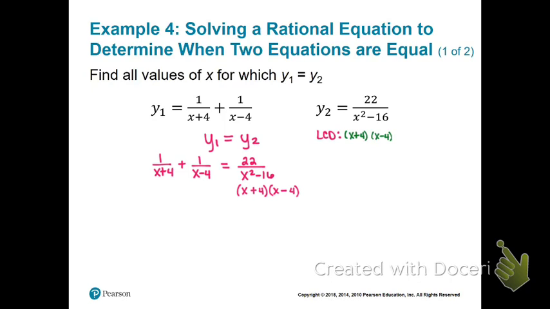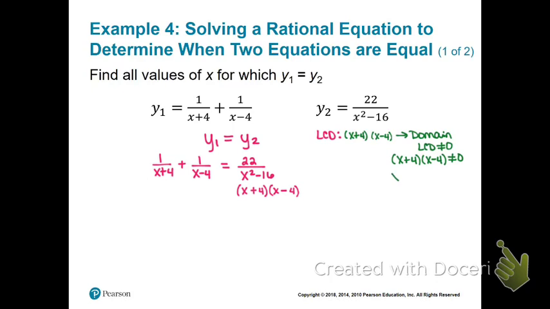But because you have an x in it, you've got to deal with that domain. You've got to be careful. And remember, your domain is where the least common denominator is not equal to 0. So it's where x plus 4 times x minus 4 is not equal to 0. How do we solve that? You set them individually not equal to 0, right?